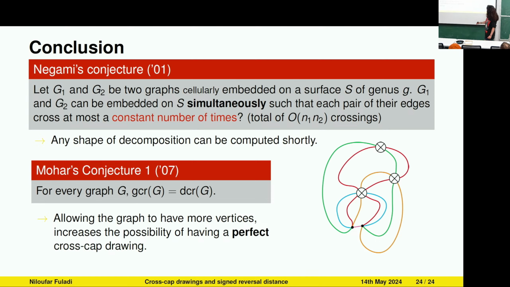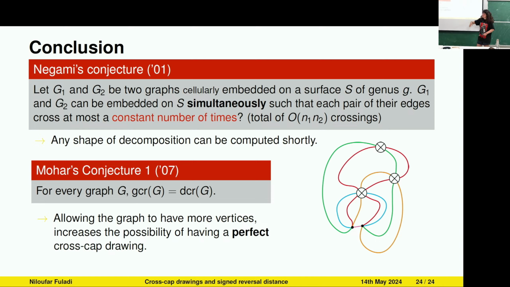And one observation here is that there is still a good chance that this conjecture is true, because imagine that you're given any embedding, and with the Schaefer and Stefankovic algorithm, you can get a cross-gap drawing in which every edge enters each cross-gap at most twice, right? For example, here, the red one.